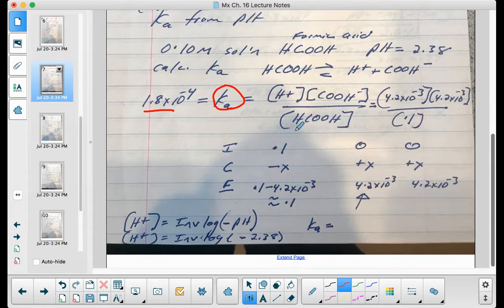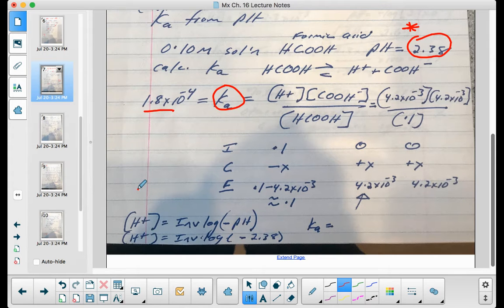So if I want to find the value of the hydrogen ion and the formate ion, I have to take my pH value, which is 2.38, and do an inverse calculation of the pH. So the formula that I use is down here.